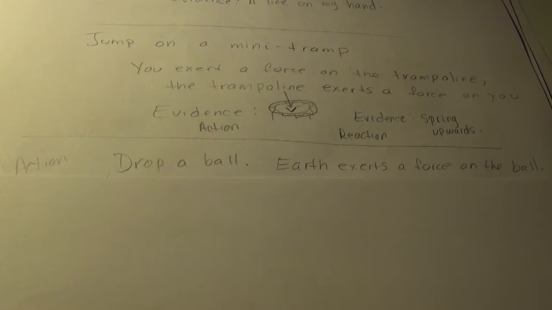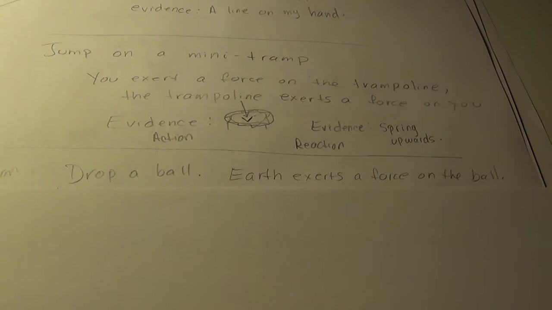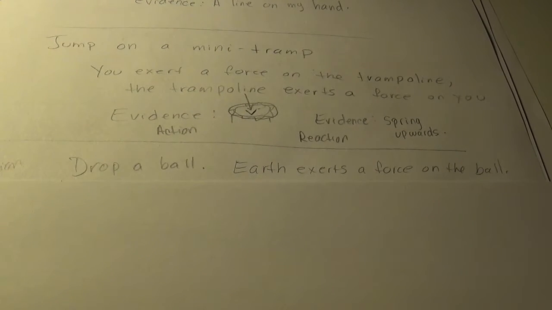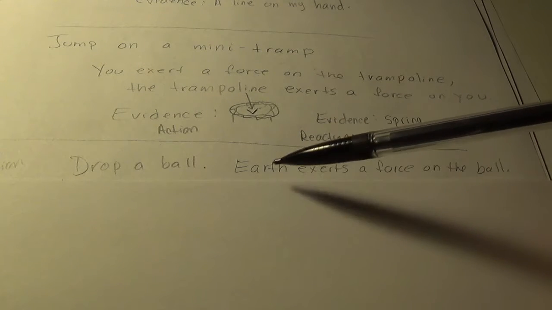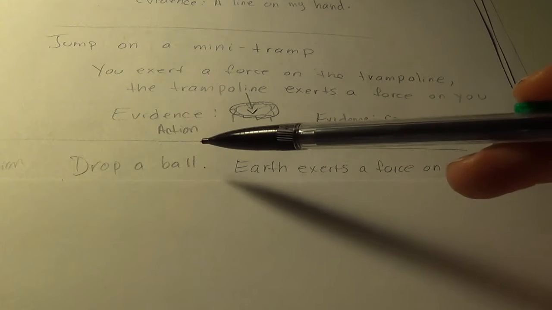Nothing's touching the ball, but the earth does exert a force on the ball as soon as I let go of it. This is due to the force of gravity, and that's what is causing the force. So where is the equal and opposite force on the ball?